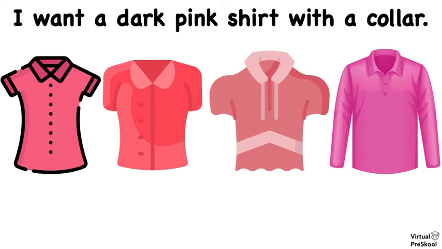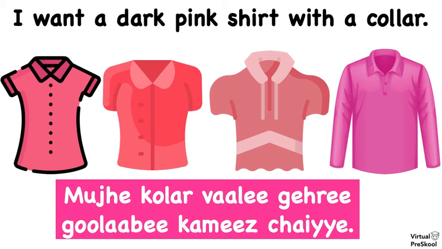So now we're saying I want a dark pink shirt with a collar, which you should also know how to say. Let's take a look at the answer. मुझे कॉलर वाली गहरी गुलाबी कमीज चाहिए.